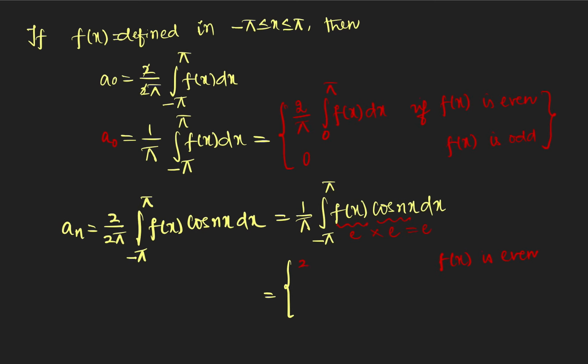So the integral value takes the form 2 by pi, integration runs from 0 to pi, f of x into cos nx into dx. If f of x is an odd function, cosine function is even, and the product of one odd and one even is an odd function. So integration from minus pi to pi of an odd function has value 0.